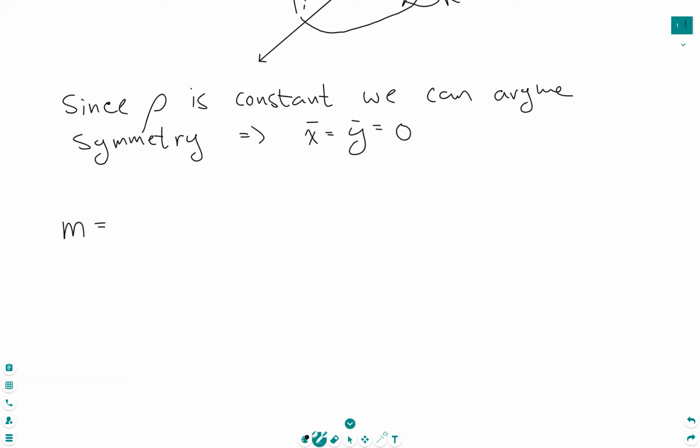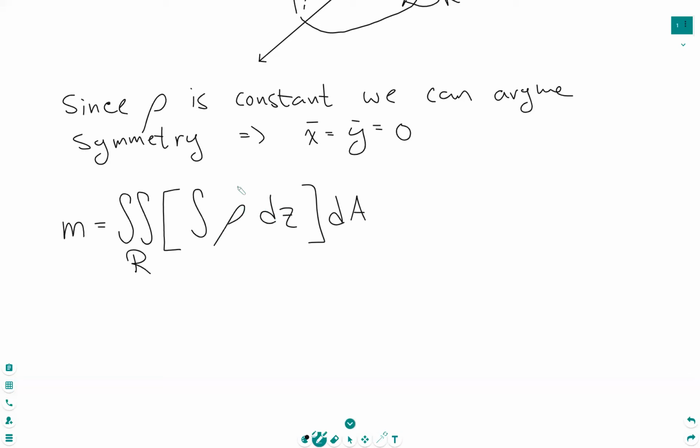The mass of this is this triple integral, but I'm going to write it in this way, of the density rho, which is just going to be this constant, dz dA over this region R. And our z-bound goes from 0 to 4 minus x squared minus y squared.